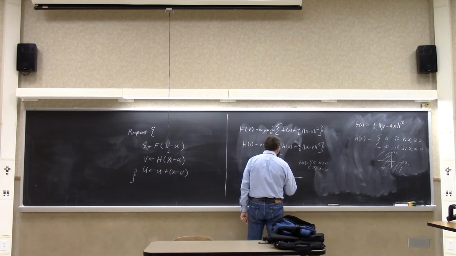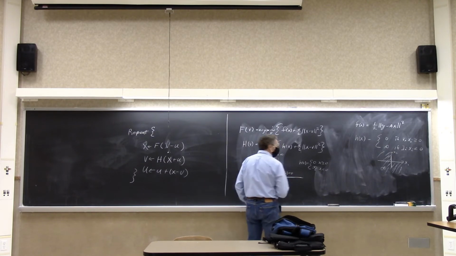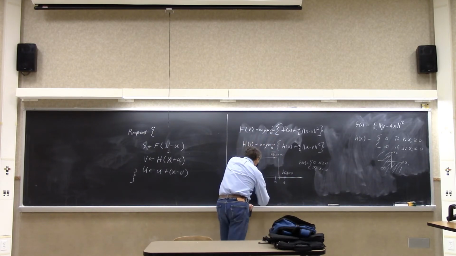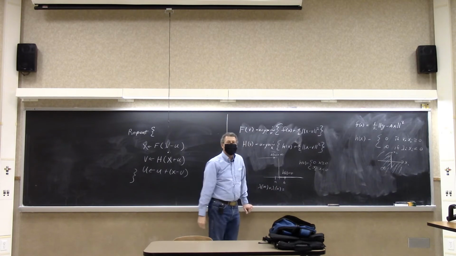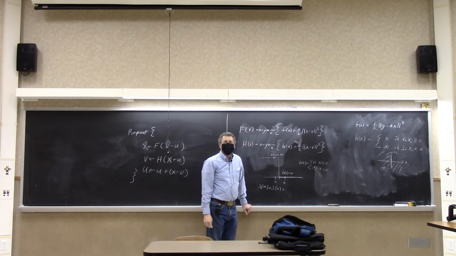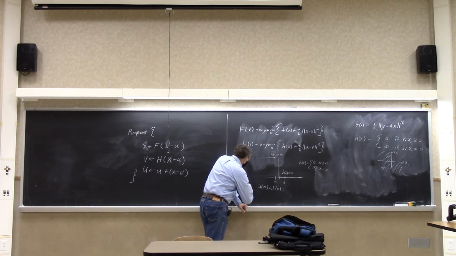And h of B equals 0, right? And lambda times infinity plus lambda times 0 is equal to what? By the way, lambda is in the interval 0 to 1.